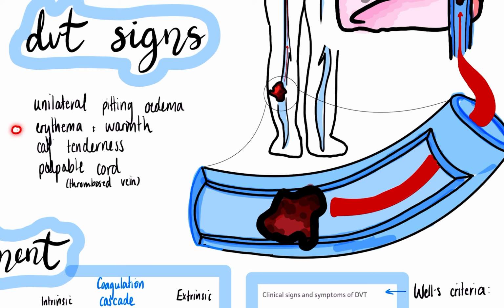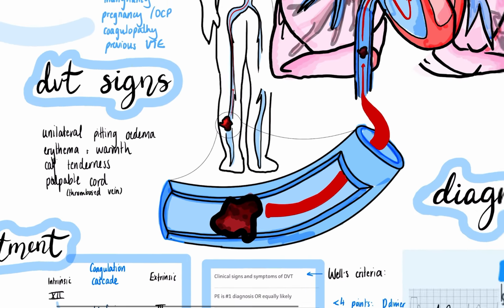You get erythema and warmth, calf tenderness, a palpable cord. And a palpable cord here refers to a thrombosed vein. So you can literally feel it, which I think is disgusting, but poor people. And what you might also see is if you measure the circumference of each leg, you'll see that the one that's erythematous and warm is likely to be swollen as well.